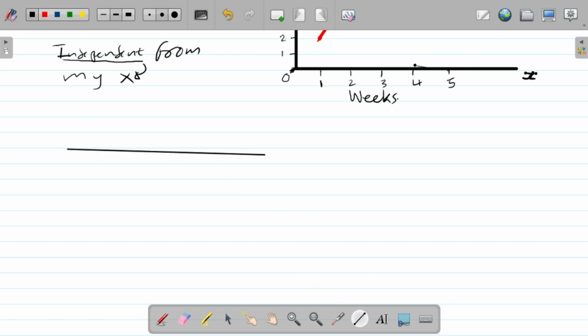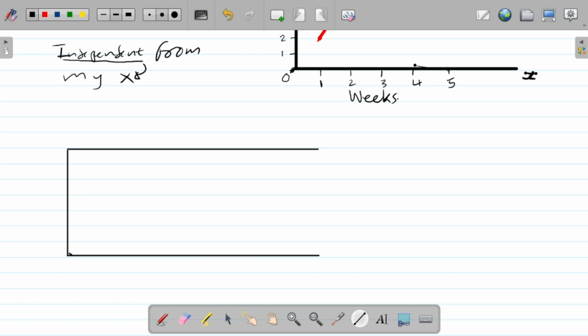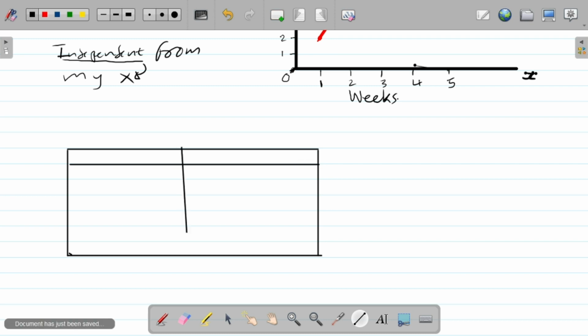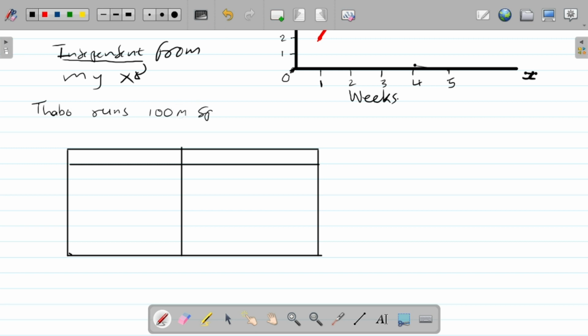I'm going to give you data over here. So, for you to practice, Thabo runs a 100-meter sprint, right?